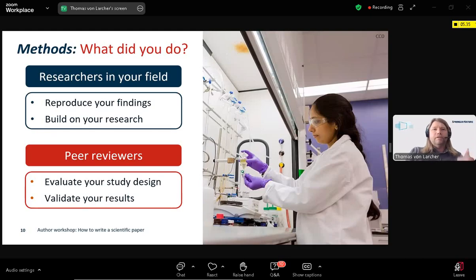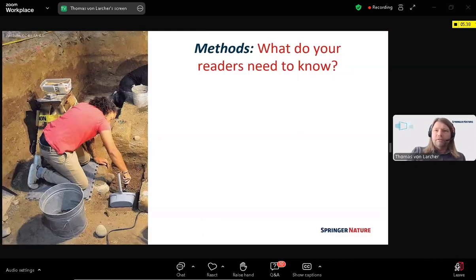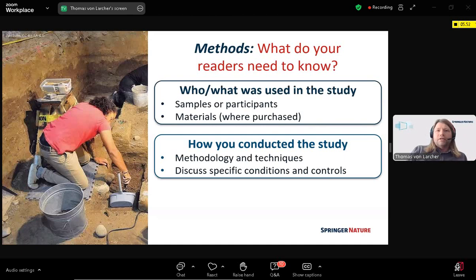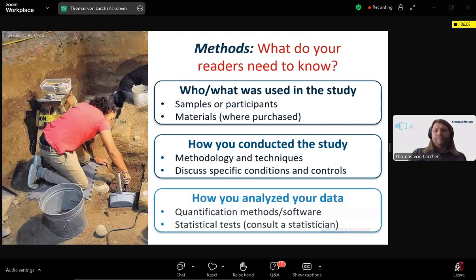Okay, so what you should describe in the methodology. You should describe who or what was used in the study, samples or participants, materials, etc. You should describe how you did your study, right? Describe special techniques you applied, describe specific conditions, controls, etc. And finally, you should describe how you analyzed your data, which kind of software, which quantification methods or tests you did.